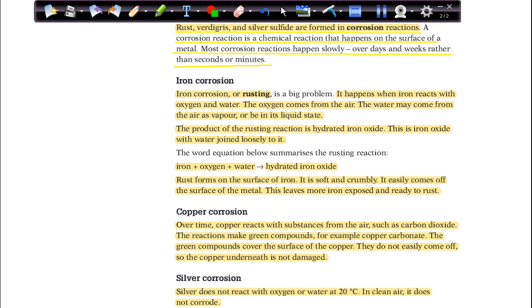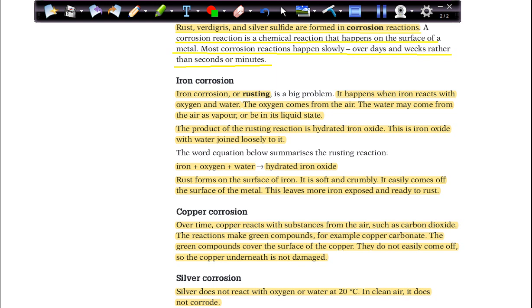This corrosion reaction happens on the surface of the metals, not deeply inside them. We can find it only on the surface. Sometimes this corrosion can be useful to protect the layer underneath it, and sometimes it can destroy the metal completely.